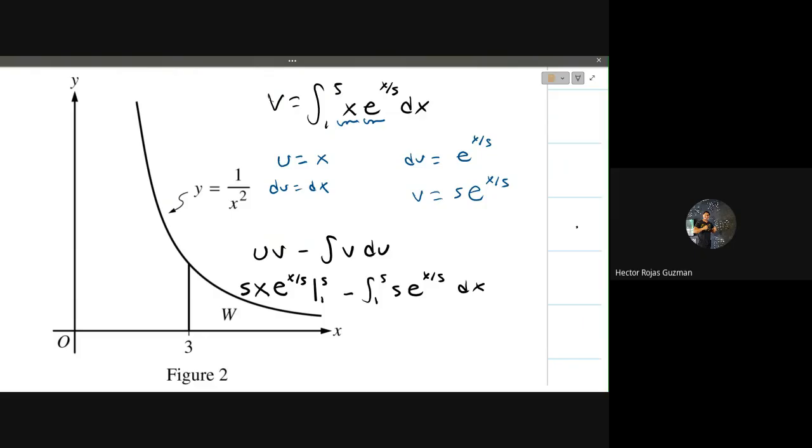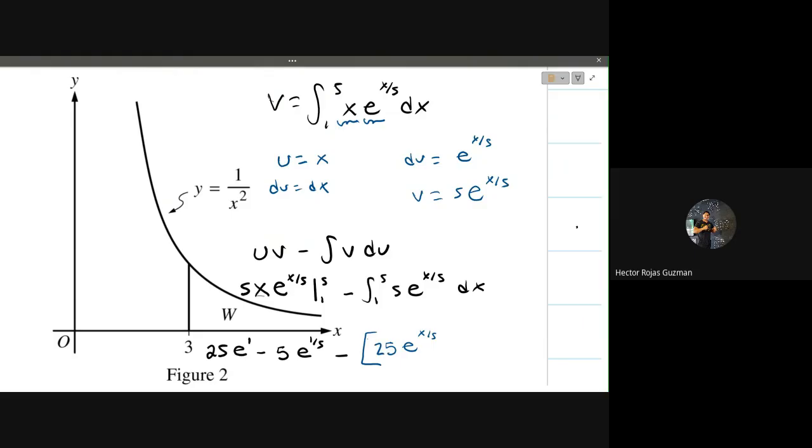Okay, plug in the 5. So that's going to be 25 e to the 1 minus 5 e to the 1/5, minus, and let me switch the colors here so you can see the difference. I need my antiderivative. It's going to be 5 e to the x over 5 times something, times 5.